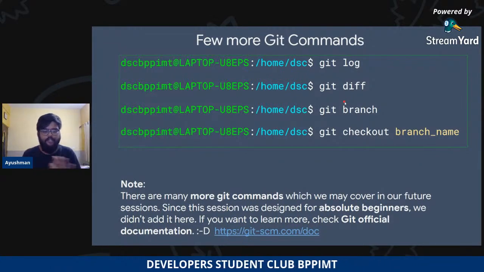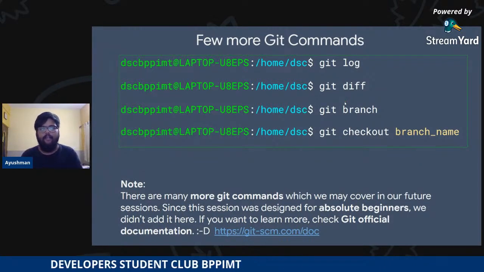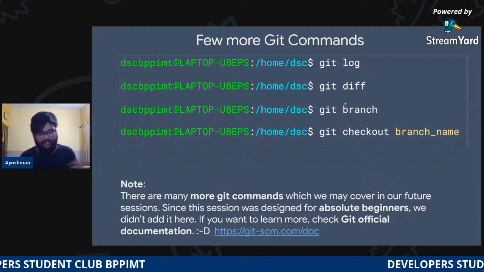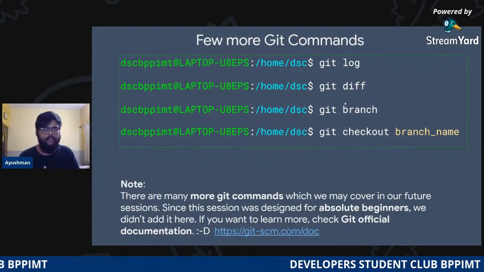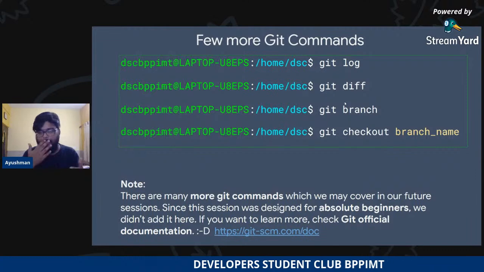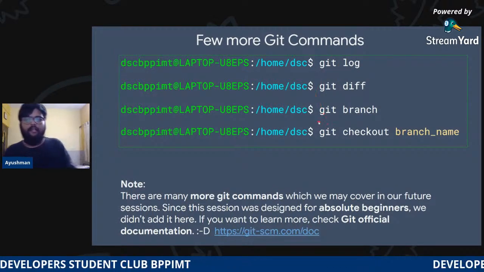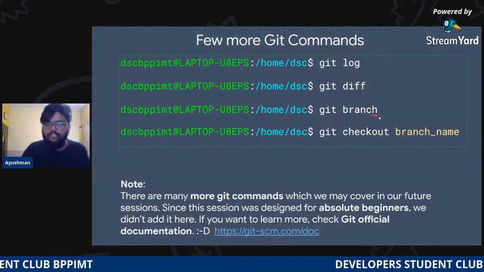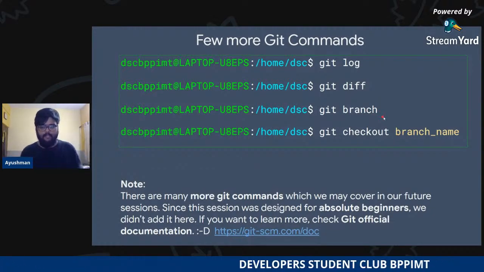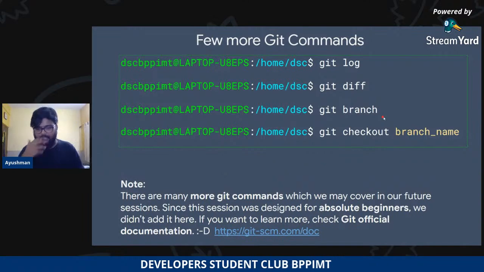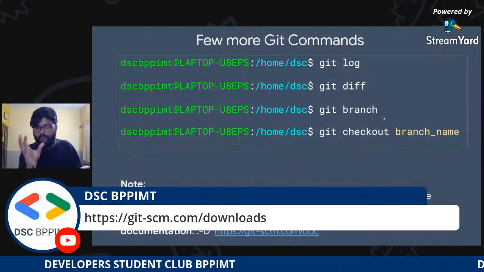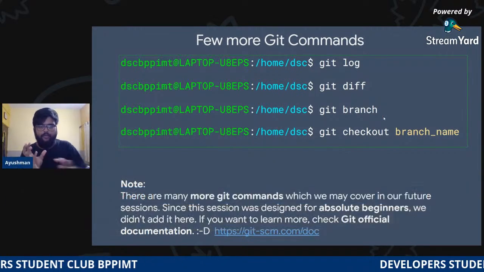That means, suppose I have written hello world, and now if I write hello world, welcome everyone, then I can see the changes which I made and the lines on which I have made my changes. You can use something known as git branch to make multiple branches. What I have stated earlier, that you have a base project, right? And out of that base project, you need to work on a particular feature.